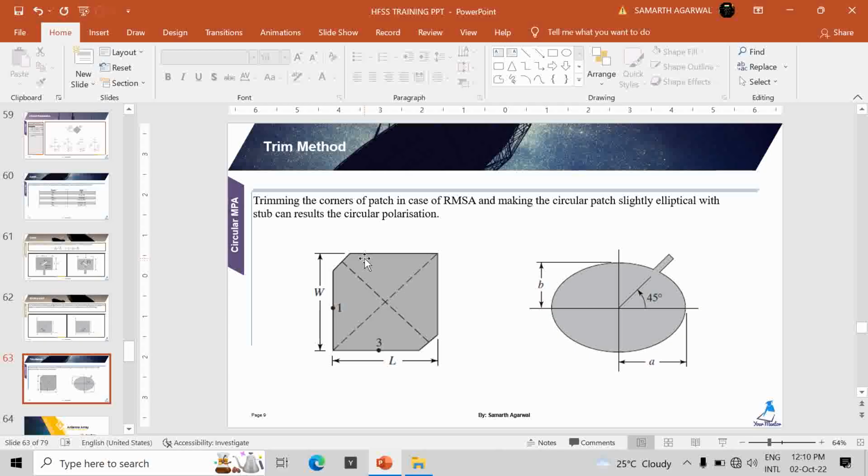Now, trimming of the corners in case of RMSA and making the circular patch slightly elliptical with a stub can result in circular polarization. Now what is a stub? A stub is nothing but this kind of thing where impedance will change, and modes will not generally change, but polarization will change. And that too, as you can see, it is applied when it is at a 45-degree angle.